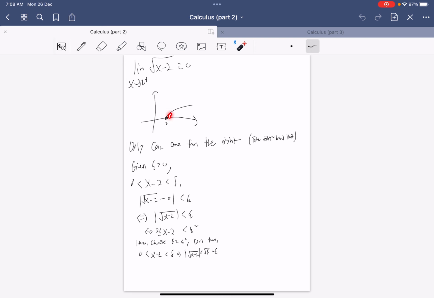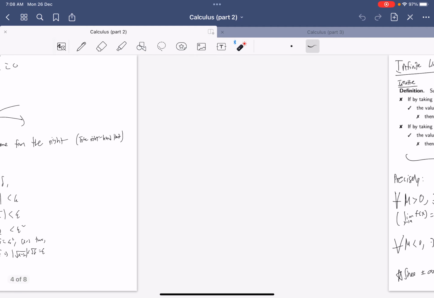For example, the square root of x minus 2. You cannot take any x value less than 2, or else this function is not defined. And so you can only take the right-hand limit, and that is the point of defining right-hand limits. You can see the proof of why the right-hand limit is 0, and I'll let you read it on your own. We'll be moving on to understand more about limits.